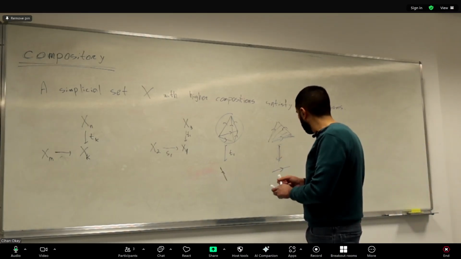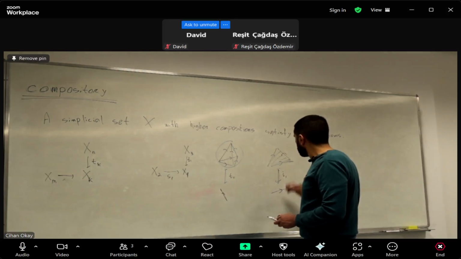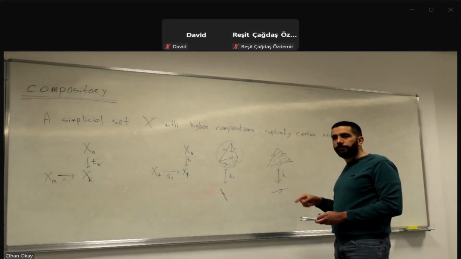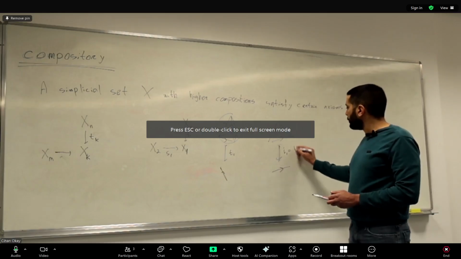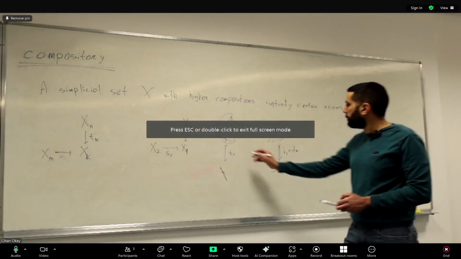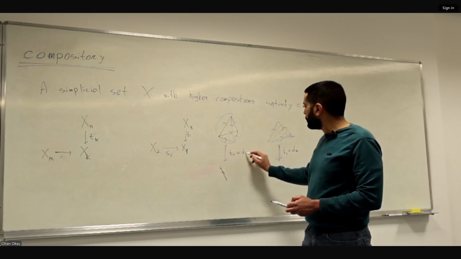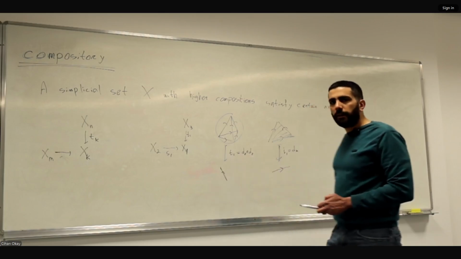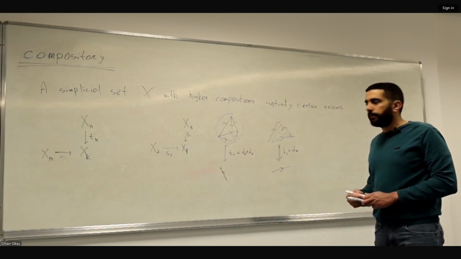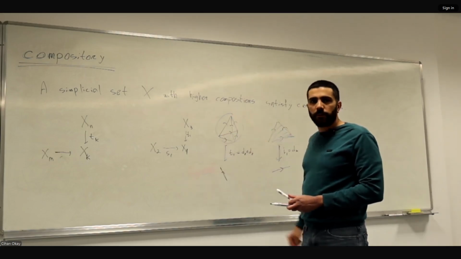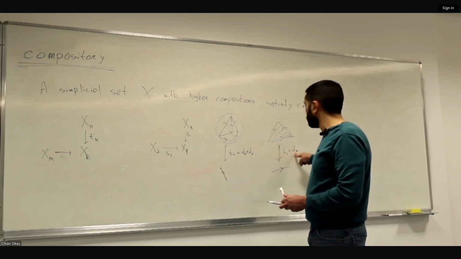Yes, you are right. I1 goes to the initial one, the first one, in order. Here I applied D2, by the way. Here I applied D0 twice, D0, D0. If I apply D0, I go into this, and apply D0 again. So D0 twice, here D2.